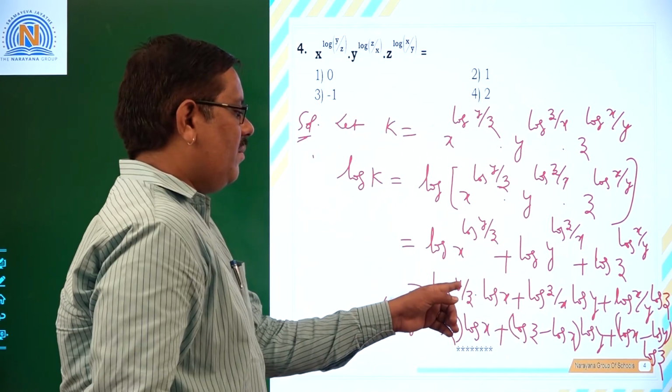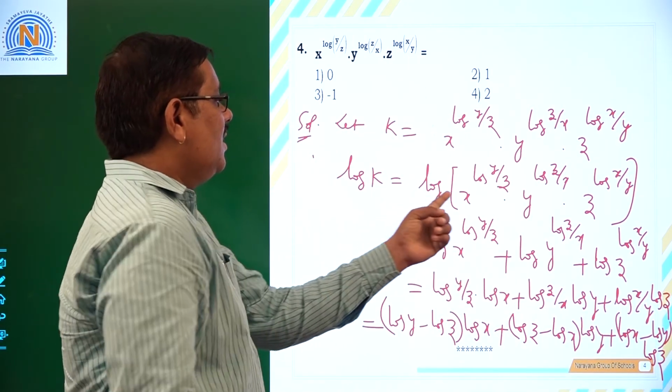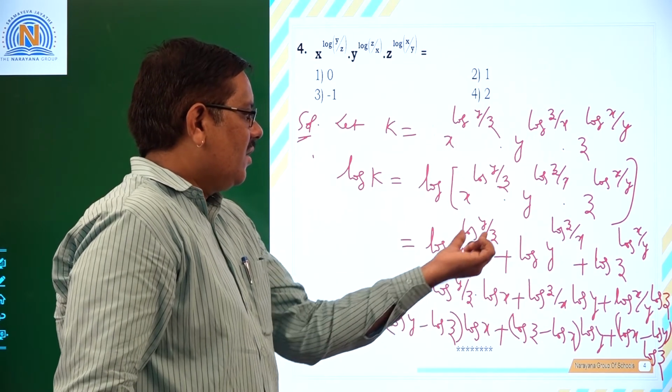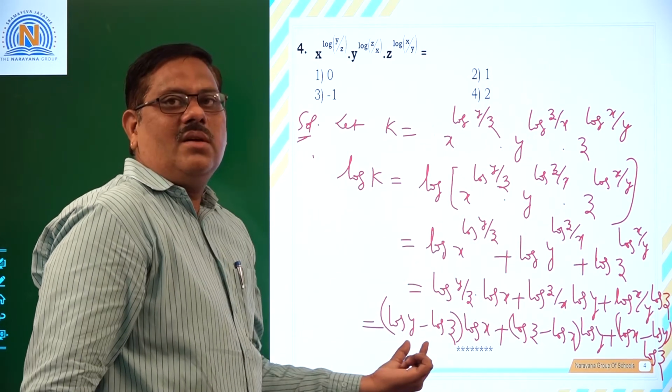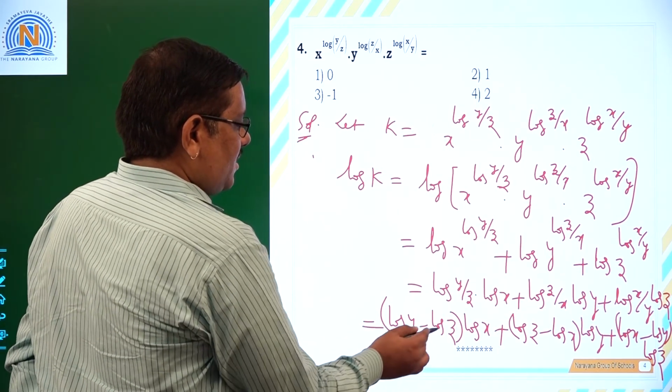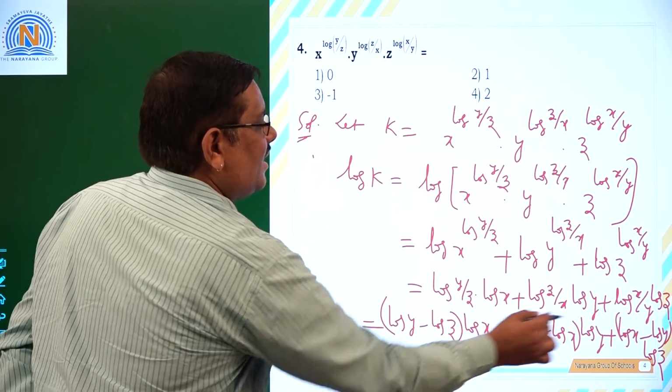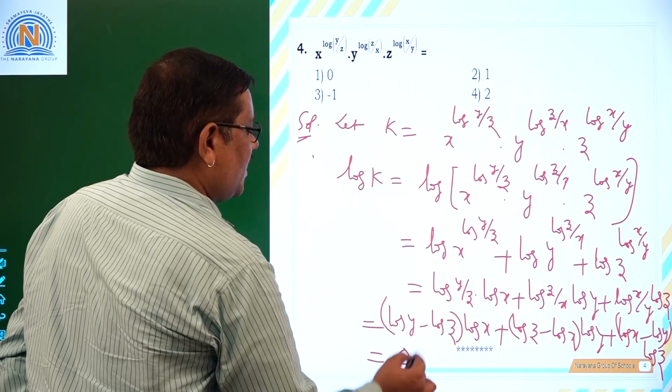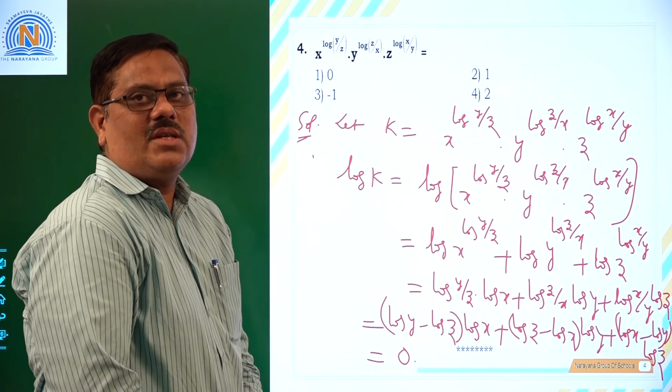We are using three rules here: product rule, power rule, and quotient rule. Then if you multiply log y log x minus log z log x and simplify, one cancels with the other and the resultant is going to be 0.